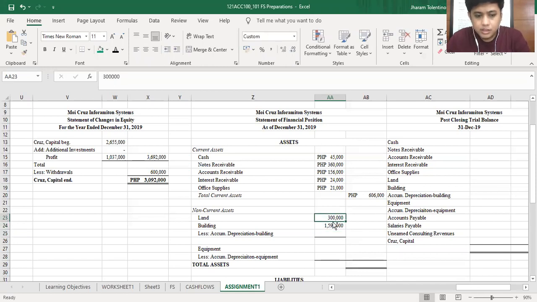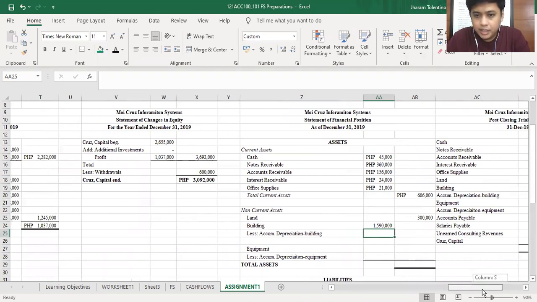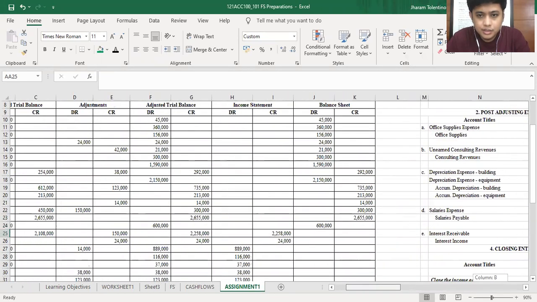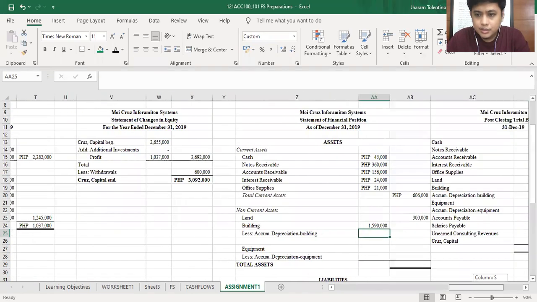Let's accumulate. Lagay ko na lang siya dito. Maganda. Okay. Dapat kasi may total ng current. Okay, so lagay na lang natin 1,590. Accumulated depreciation is 292,000.